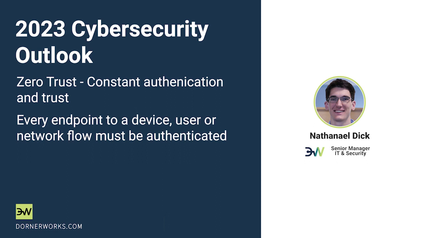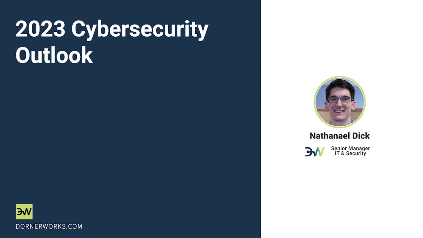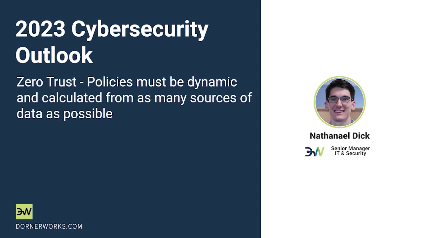This can come in a variety of ways. Maybe multi-factor authentication, somehow tying with a certificate. There's a lot of different ways this occurs. And the final aspect of a zero trust network is policies must be dynamic and calculated from as many sources of data as possible. So these are all the aspects of a zero trust network.